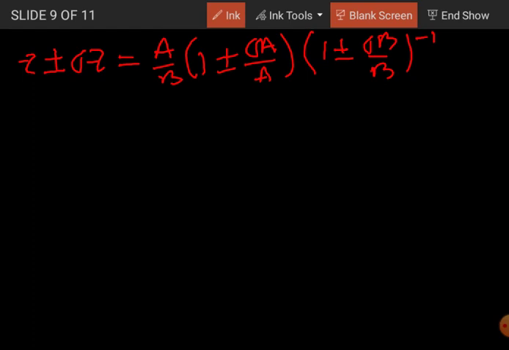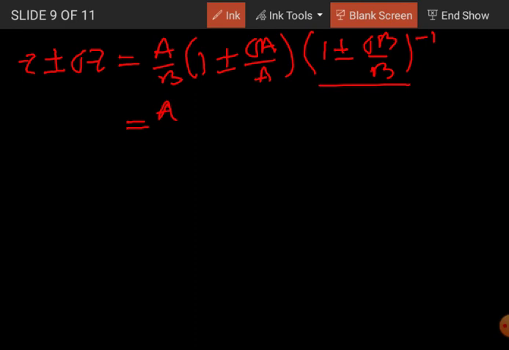If you divide the whole equation by z, or before that, let's apply the binomial expansion. We haven't applied it yet, so let's write the binomial expansion of this factor.